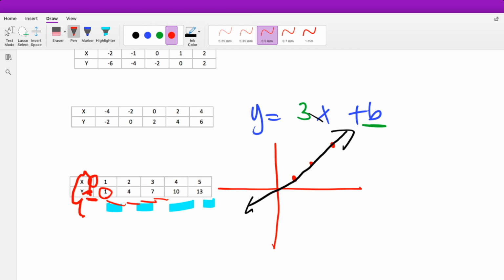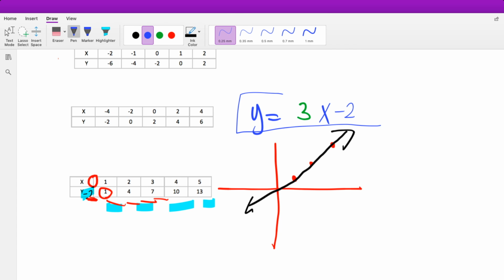And that does not look like a -2 at all. -2. There we go. So now we know that our y-intercept is going to be at -2 this time. So we can delete this b and just put a -2 in there. And that's it. I hope you learned something from this video.